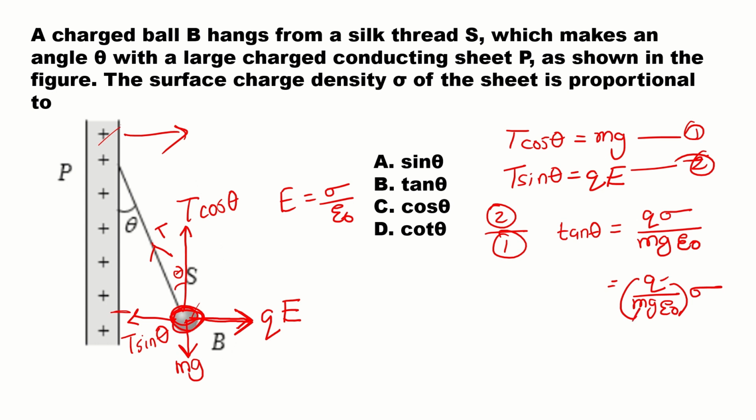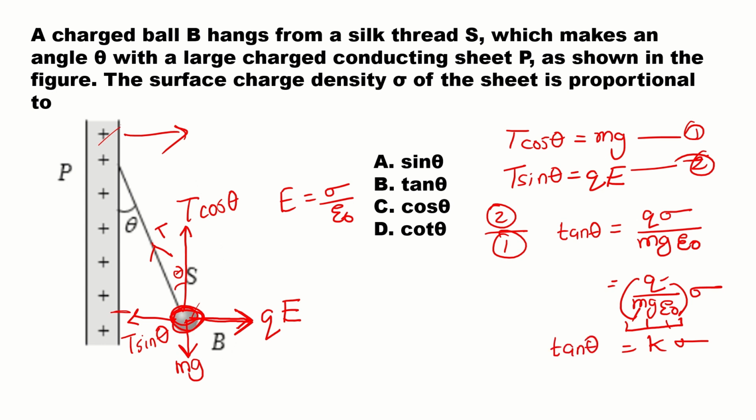M is the mass of the ball, which is not changing. G is the acceleration due to gravity, which is not changing, and epsilon naught is also a constant, which does not change. Therefore, we can replace all this with a constant, let's say K, so tan theta is equal to K times sigma.